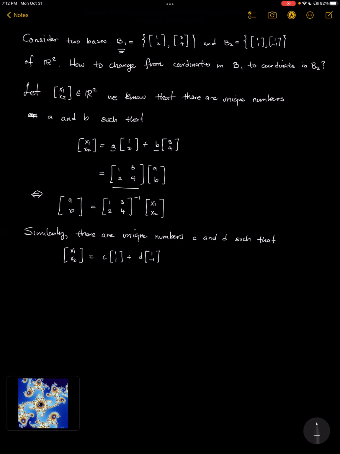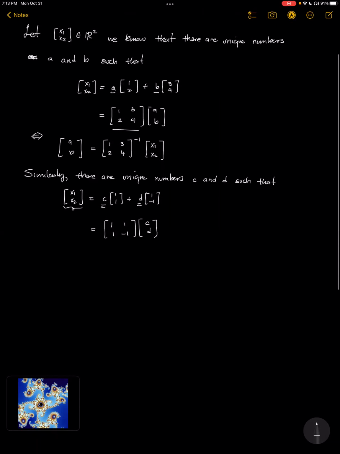So as we just said, C is the first coordinate of the vector (x1, x2) in the basis V2, and D is the second coordinate of the vector (x1, x2) in the basis V2. Again, we're going to rewrite this equation in matrix form: [1 1; 1 -1] times (C, D).